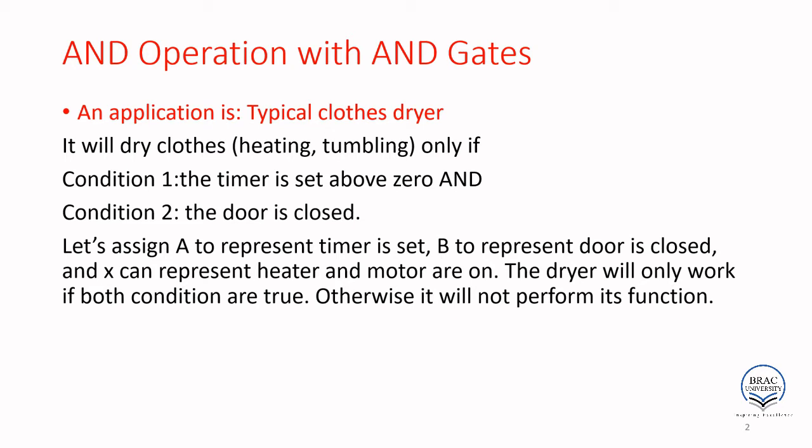If both of the conditions are satisfied, then the dryer will dry the clothes. Let's assign A to represent the timer is set, B to represent the door is closed, and X to represent the heater and motor are on. The dryer will only work if both conditions are true, otherwise it will not perform its function.